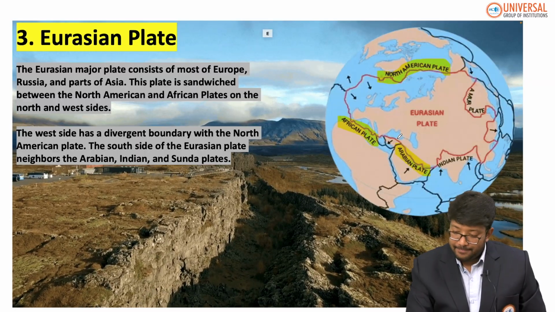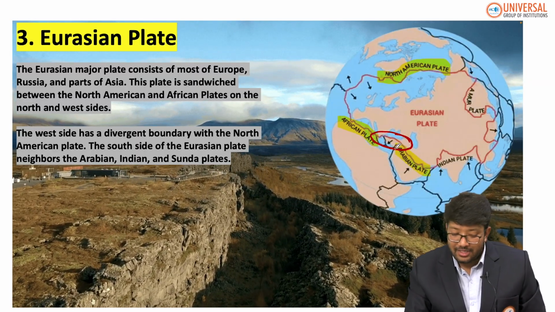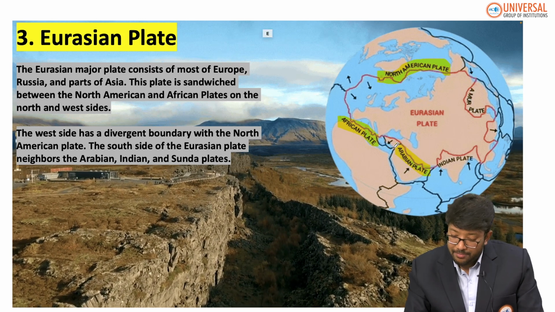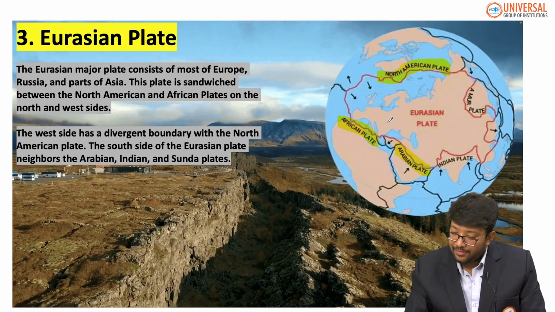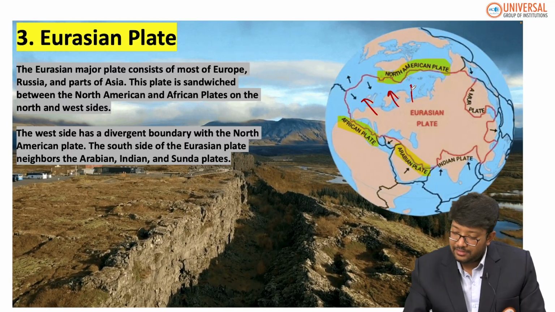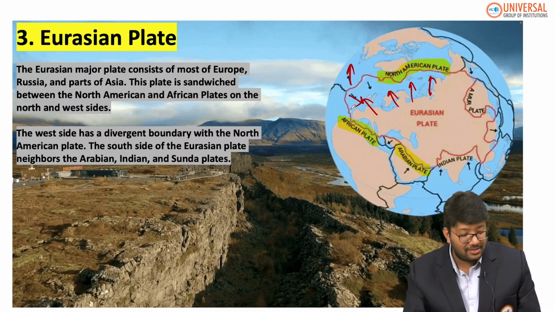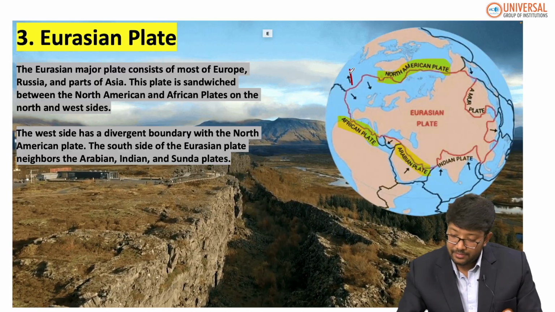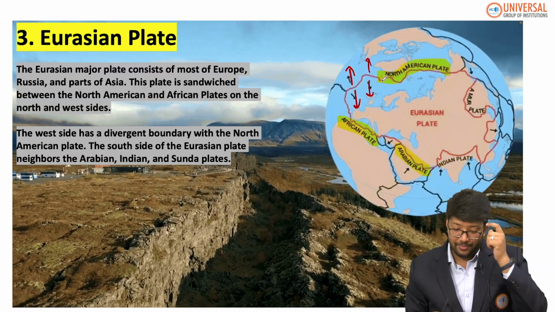The west side, as you can see, has a divergent plate boundary with the North American plate. So this particular plate will have the divergent boundary. As you can see, the arrows are moving apart, and arrows moving apart means it is divergent, moving apart from each other.